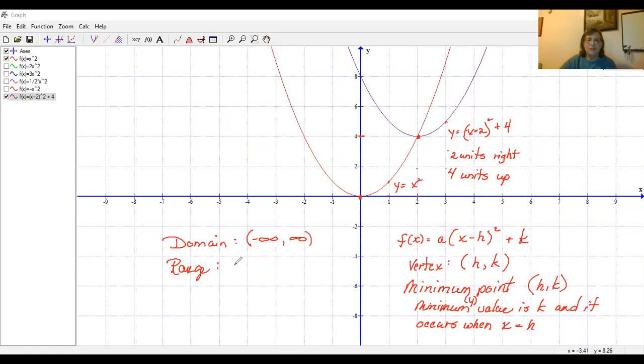So the range, if it goes up, and if a is positive, greater than 0 is algebra for positive, then the range goes from k to infinity, because the graph is opening up. If a is less than 0, which is exactly the same as if a is a negative number, then the range is from negative infinity to k.